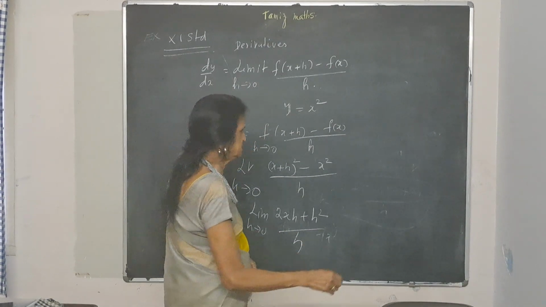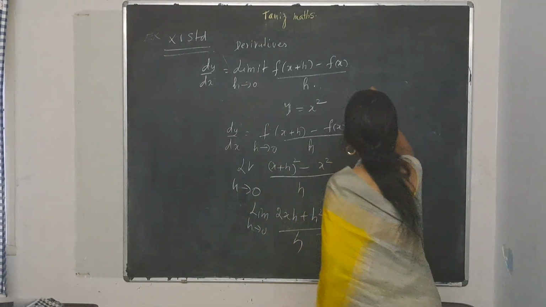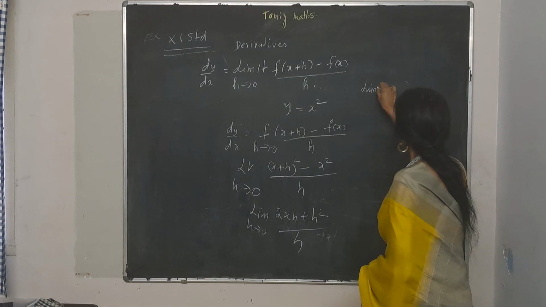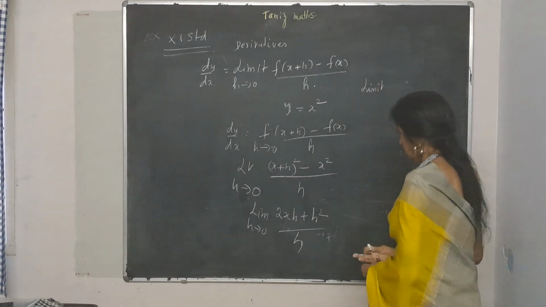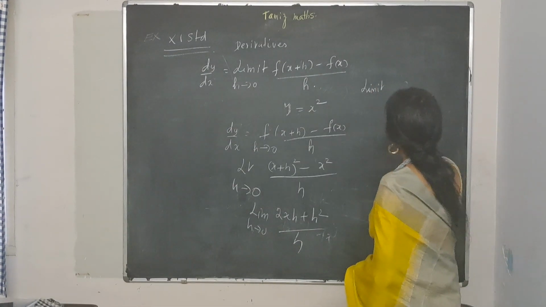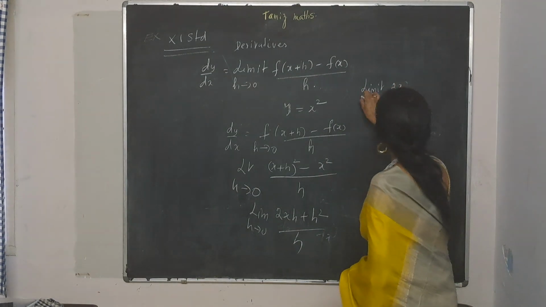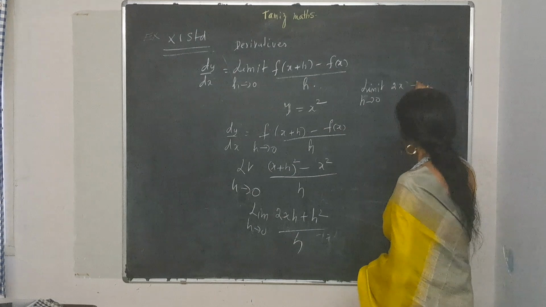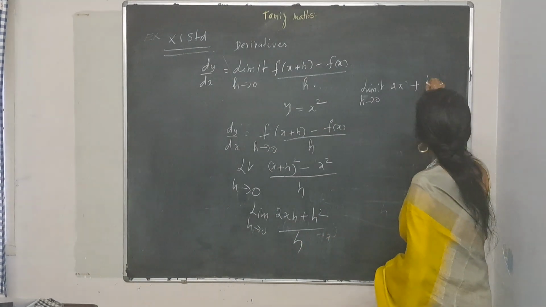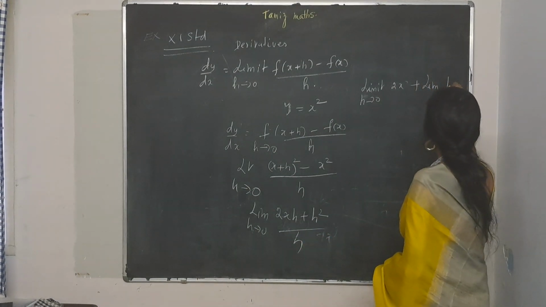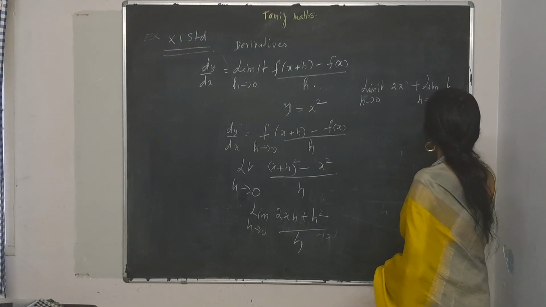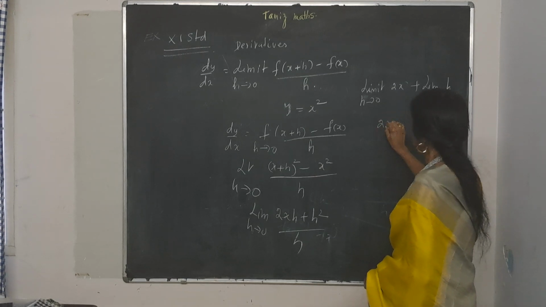So how can you write this? h and h will get cancelled. So it is 2x, h tending to 0, plus h squared by h will be h. That is the limit of h tending to 0 of 2x plus h. There is no h in 2x at all.